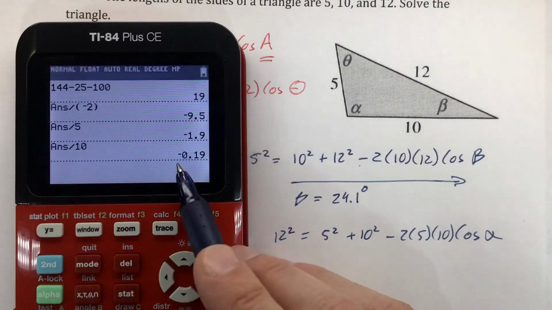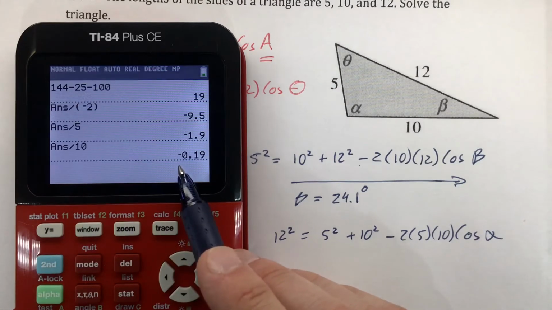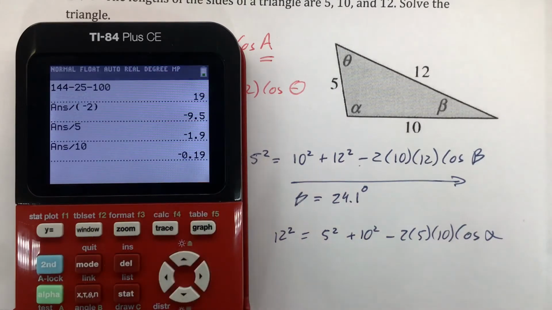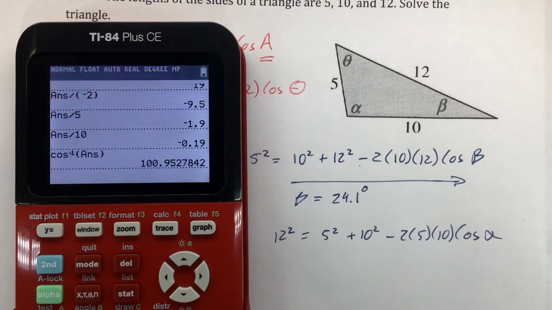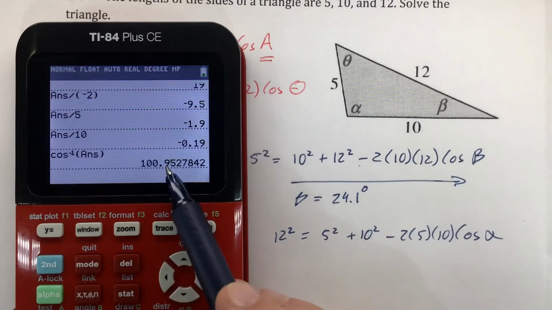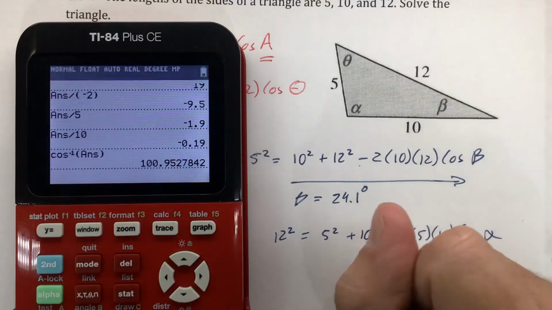Notice that we've got a negative number this time, but it's still less than 1. We'll do an arc cosine of that answer, and there you are. Rounds up to 101 degrees.